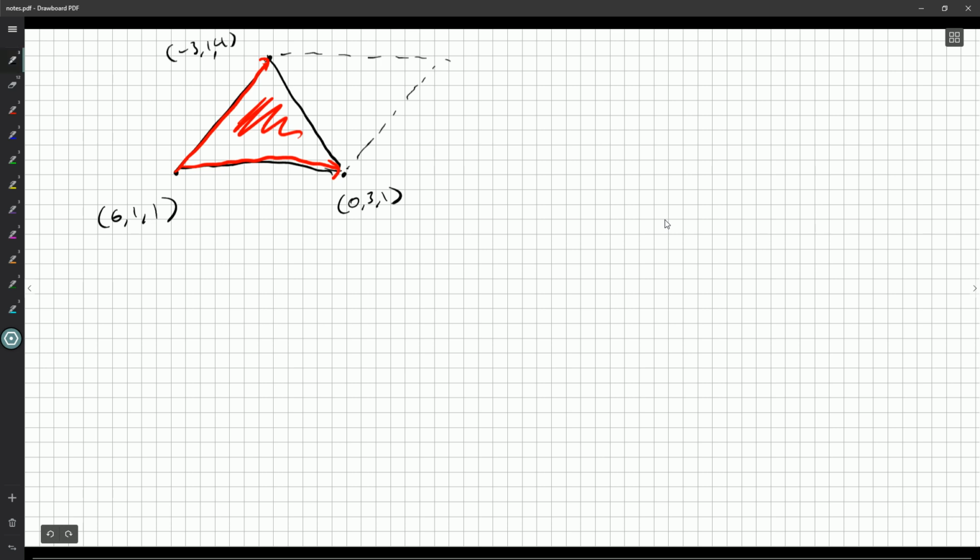So what do we do? Well, we pick a point. In this case, let's say (6, 1, 1). We figure out the vectors. If we call this point P, this point Q, and this point R, this would be the vector PQ. We get (-9, 0, 3). And then the next vector we'll use, maybe vector PR.